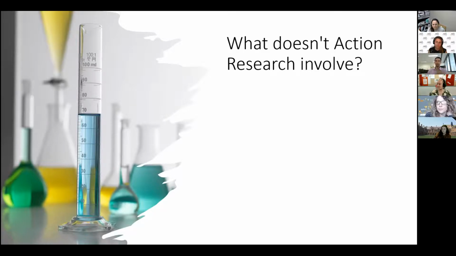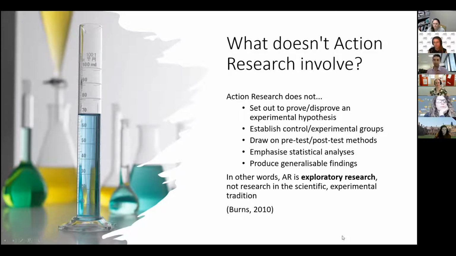So to answer this question, Anne Burns mentions that action research does not set out to prove or disprove anything. And I thought this was really relieving, because in the back of my mind I was like, how can I prove that what I'm saying is true?